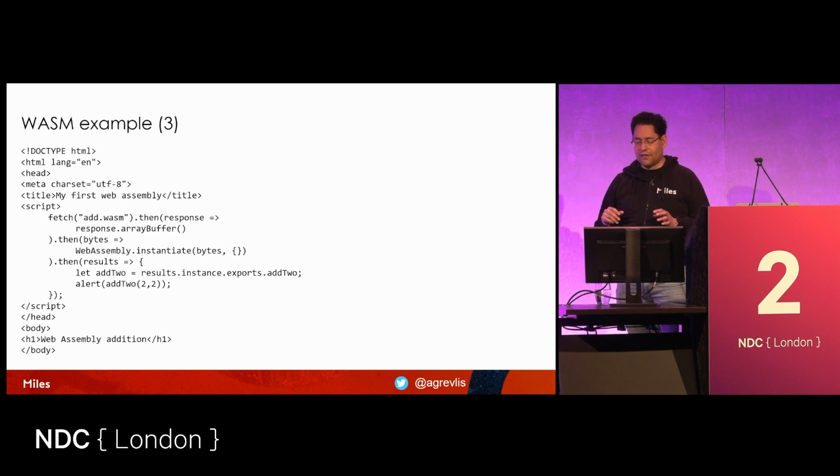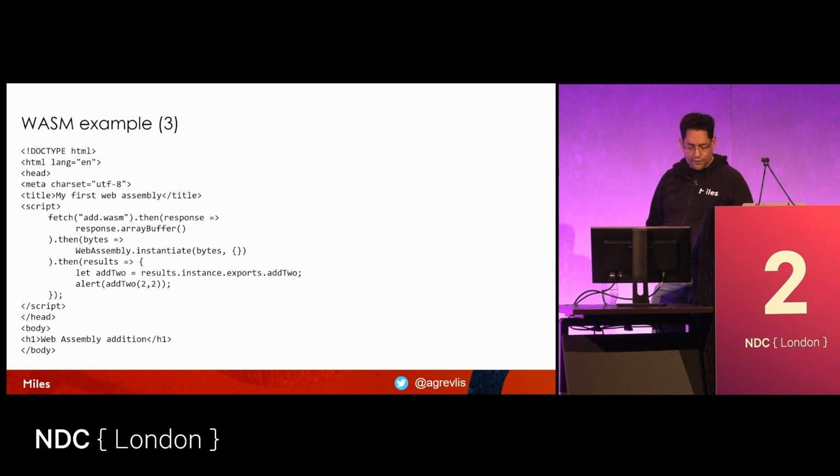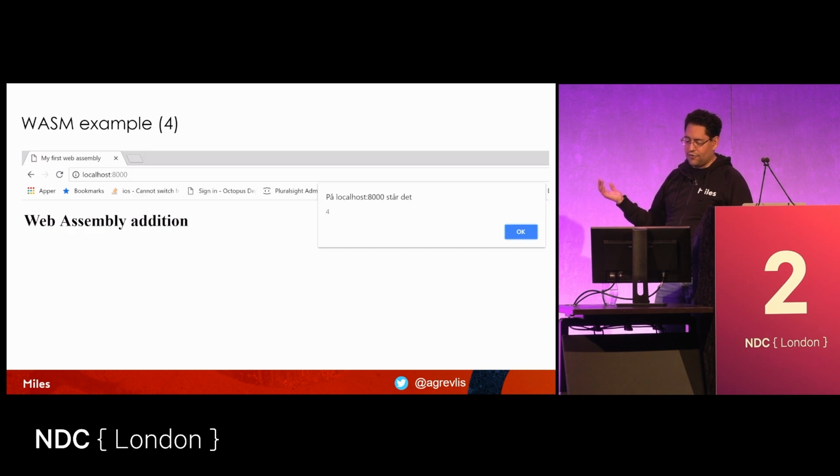Then we can define an object that we call add2. You can see that we use the result's instance exports and then the name of the module that we were exporting. Then we can use it just like any other JavaScript function. If we alert this out on the console, we'll have the result when we run it.